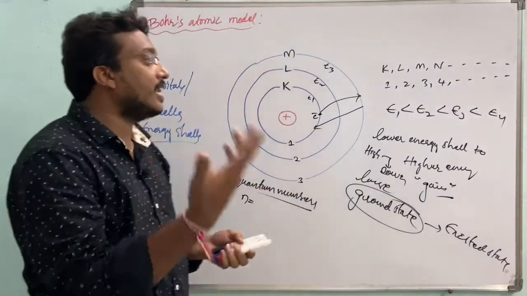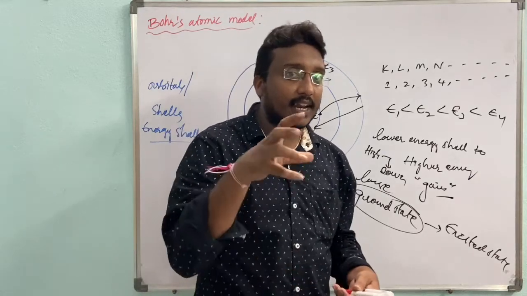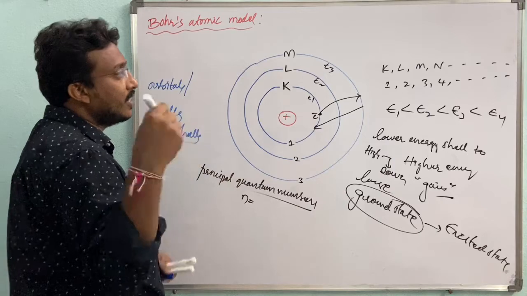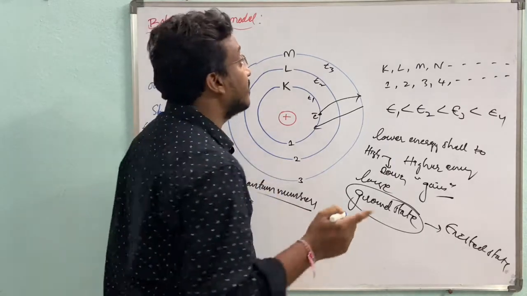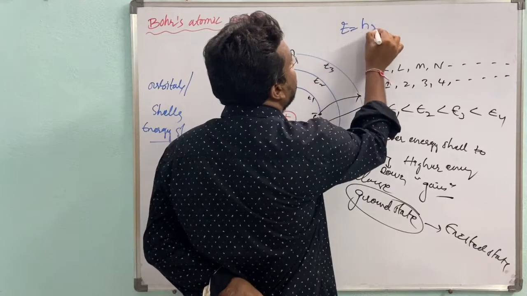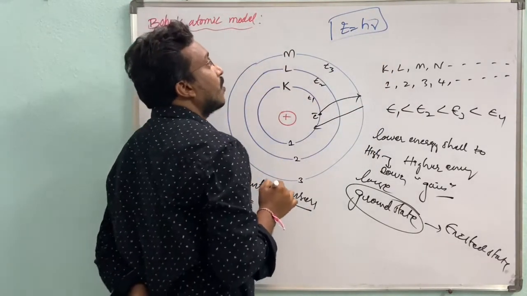So how much energy is lost or gained? How can we calculate it? We have a principle we discussed in our last class, given by Max Planck: E equals h nu. Got it?